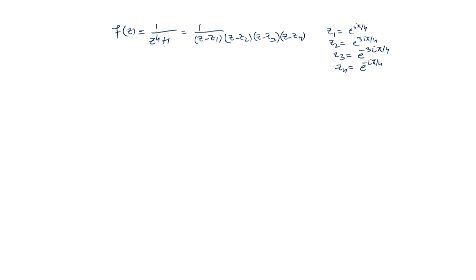At each of these points z1, z2, z3, z4, the denominator has a simple 0, and therefore f(z) has simple poles at z = zi, i = 1, 2, 3, 4.